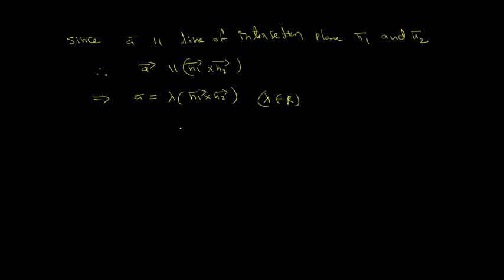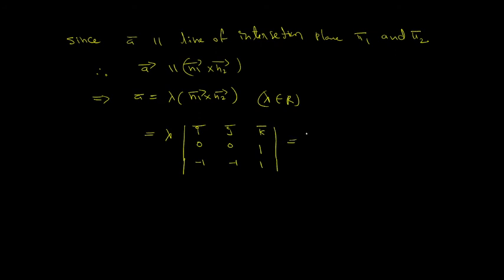Now find out n1 bar cross n2 bar. Lambda into, take the determinant process again: i bar, j bar, k bar. Here n1 bar is just k bar, therefore 0, 0, 1. n2 bar is minus i bar, minus j bar, plus k bar, therefore the coefficients are minus 1, minus 1, 1.